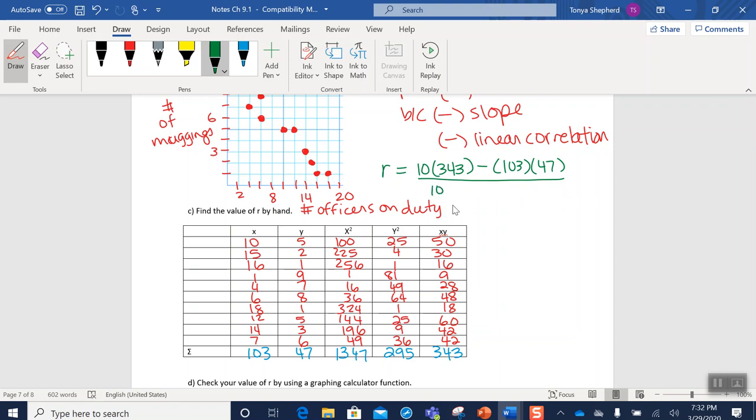The sum of the x squared column, which was 1347, minus the sum of the x column squared.